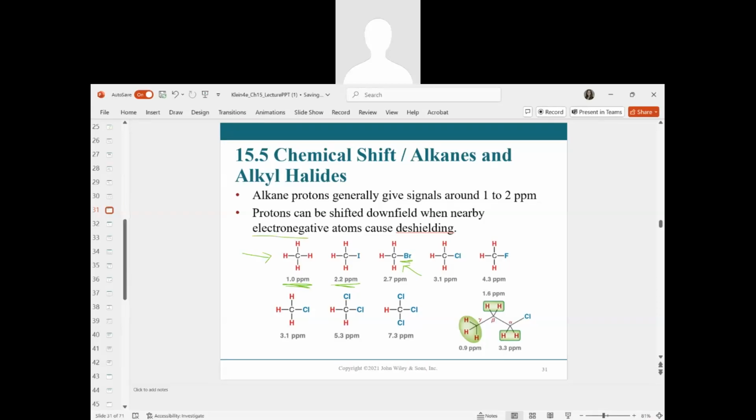We can see that these electronegative atoms cause deshielding, and then our signal increases. So we have chlorine, and then the most electronegative, fluorine here, we can see these protons would produce a signal around 4.3 ppm. So again, because of this deshielding effect by these electronegative atoms, we can see this signal being shifted downfield.